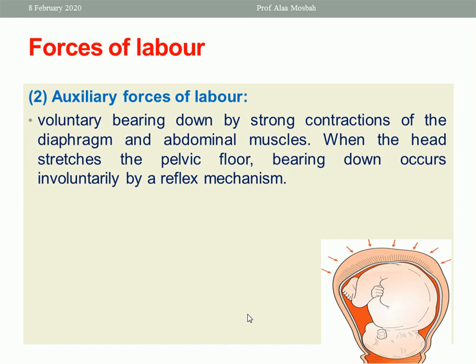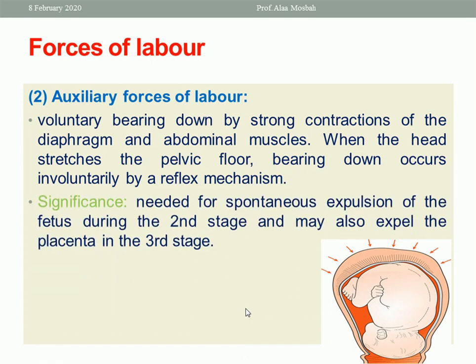So auxiliary forces of labor include both voluntary and involuntary bearing down. What is the significance? It is needed for spontaneous expulsion of the fetus during the second stage, and may also expel the placenta in the third stage.